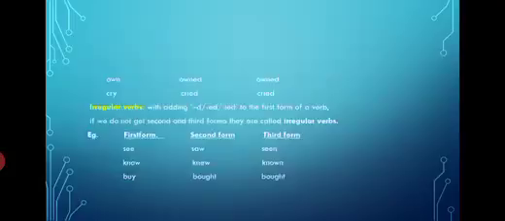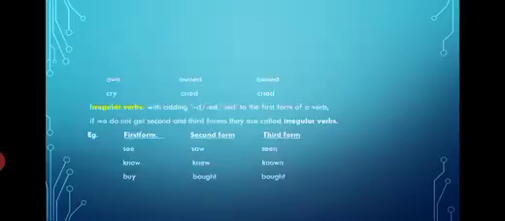Cried. Irregular verbs. With adding d, ed, or ied to the first form of a verb, if we do not get the second and third forms, they are called irregular verbs. See here the examples. First form see, with adding d or ed or ied, we cannot get the second form or third form.